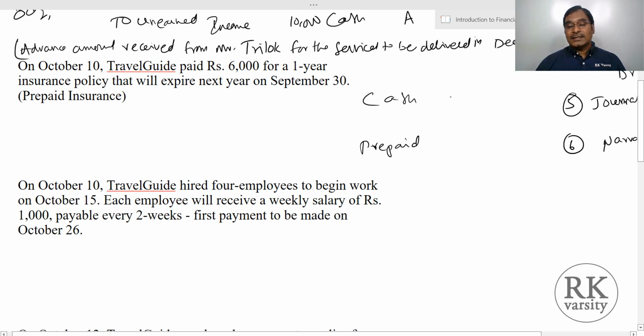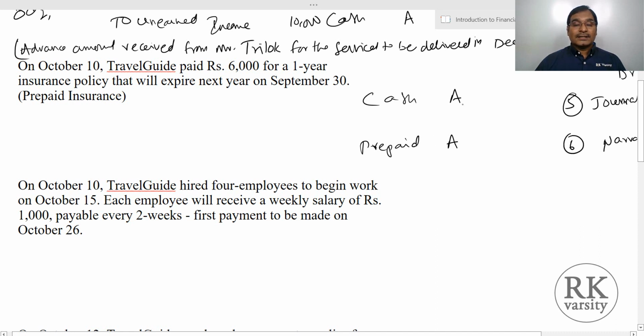So cash is your asset and prepaid expenditure is also an asset, because the insurance company owes you this money. In the sense, tomorrow if you cancel your insurance policy, the company has to repay this money. So here prepaid insurance is also an asset.